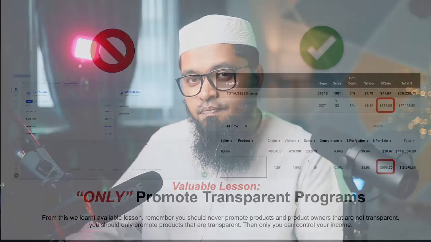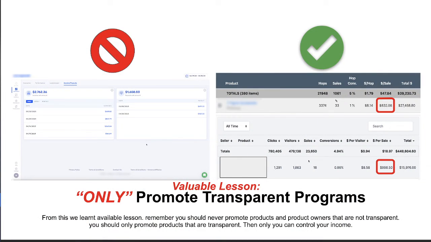So you should promote low ticket and high ticket both. At the same time, you should promote only transparent offers and transparent vendors or transparent product owners. Then only you know what's going on and you will be able to tweak your promotion or go back and think about what's working and what's not working, what you should do about your promotion, how you can improve, and how you can make more money.